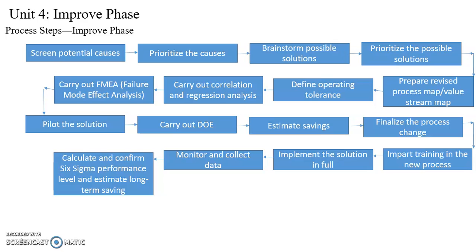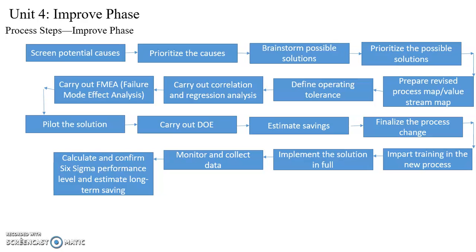And the next step is to prioritize the possible solutions. During the brainstorming sessions, a number of possible solutions are suggested by the team members and invitees. They suggested so many solutions.